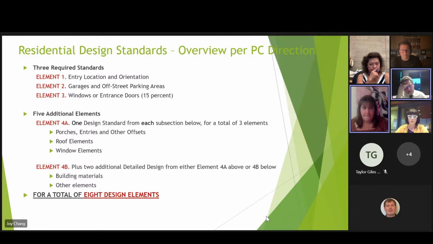So we've already got a requirement that doesn't let the garage extend more than 60% of the front of the house. That's number 2, right? So even if the front door is set back a ways, there's still going to be plenty of front house to see. I'm just trying to think, why would you have a garage like this?